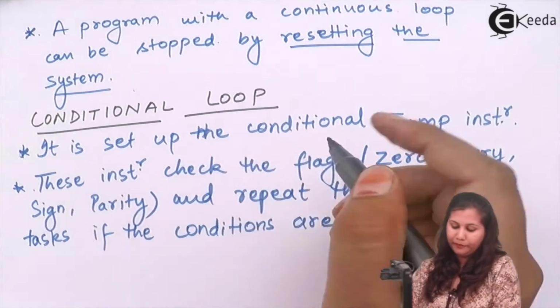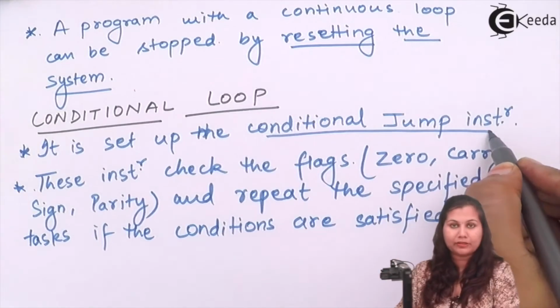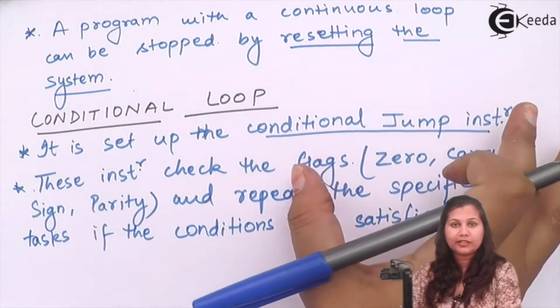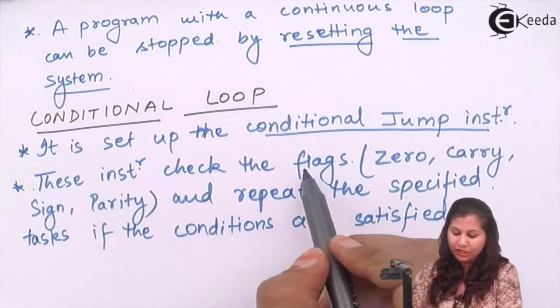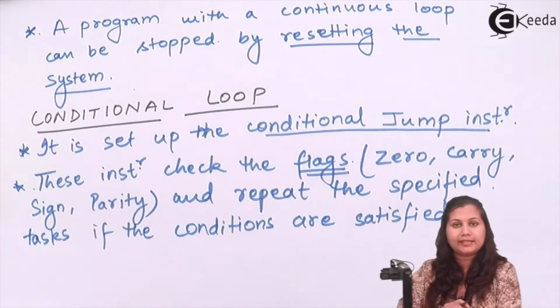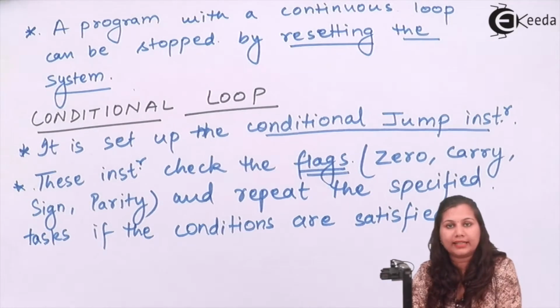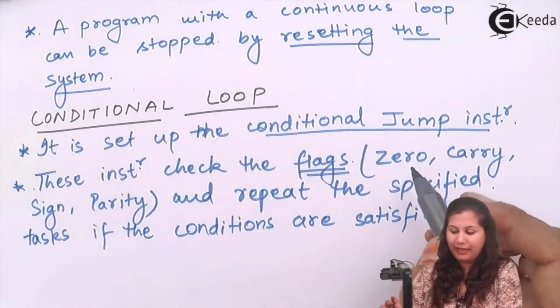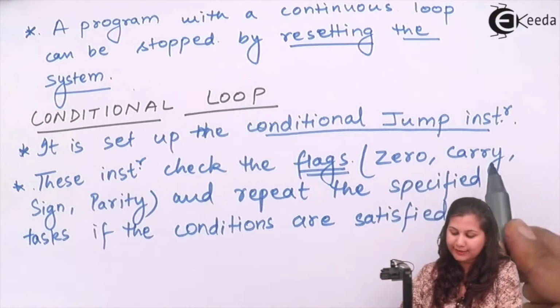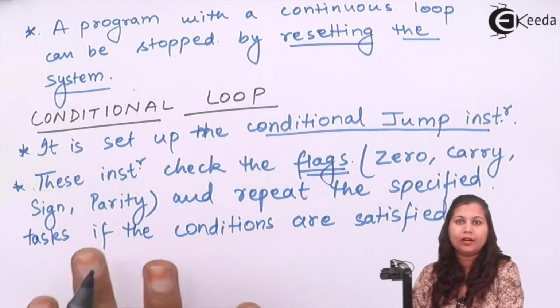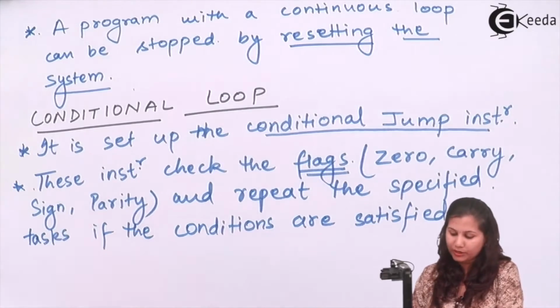And what conditions are we using here? We are checking the flags. In 8085, we have 5 flags: sign, zero, parity, carry, and auxiliary carry. Out of the 5 flags, 4 flags are used: zero, carry, sign, and parity. Auxiliary carry is not used here.